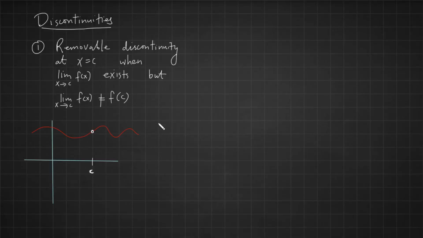And the other possibility is this. So suppose andito yung c. Ayan. So again, merong hole yung function at x equals c. Pero yung function natin defined actually at x equals c.